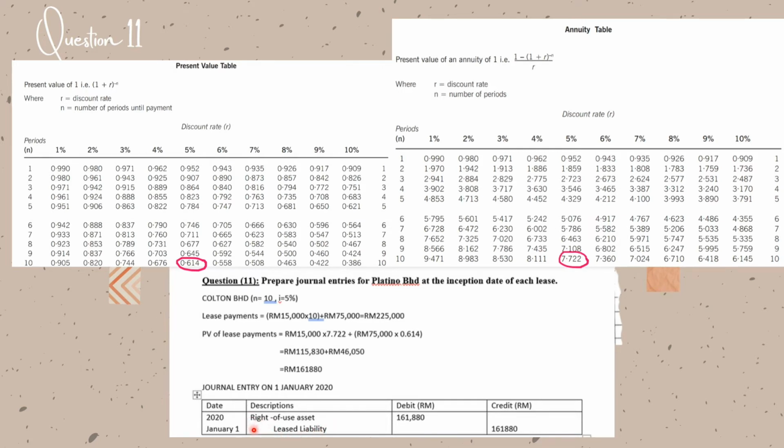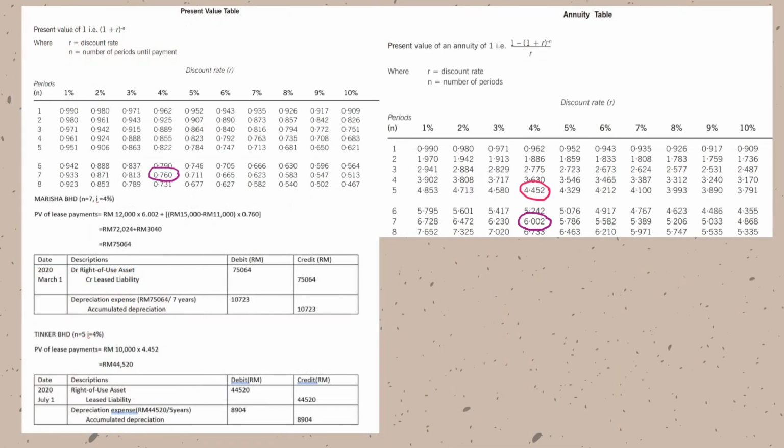We must debit right of use asset at 161,880 and credit lease liability at 161,880. Then we go to Marisha Berhad. Marisha Berhad had a lease term of 7 years and an implicit rate of 4%. We must find the PV of lease payment.